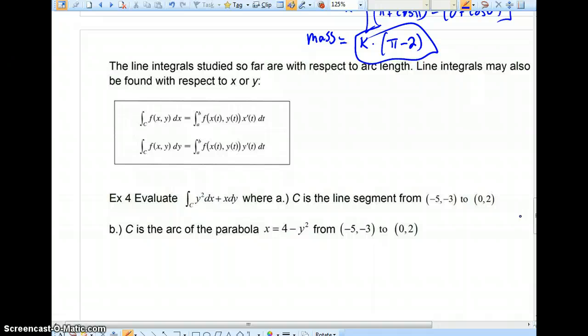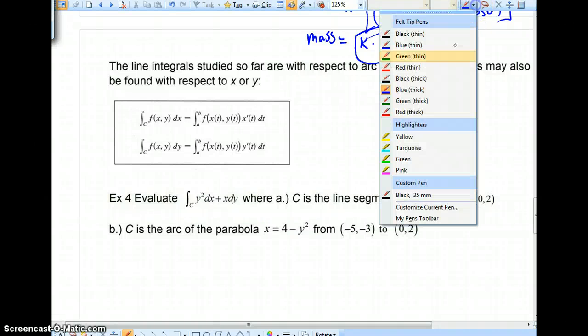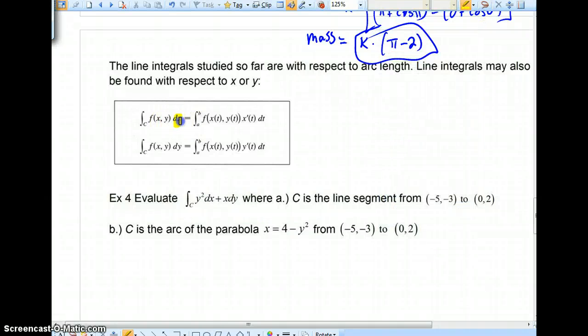And we had that length with the square root of dx dt squared plus dy dt squared, and then we had dt after that little substitution. But of course, a line integral, in theory, you could say, well, what if I just wanted to evaluate it with respect to x? And you can think, well, rather than ds, what if I just put dx?